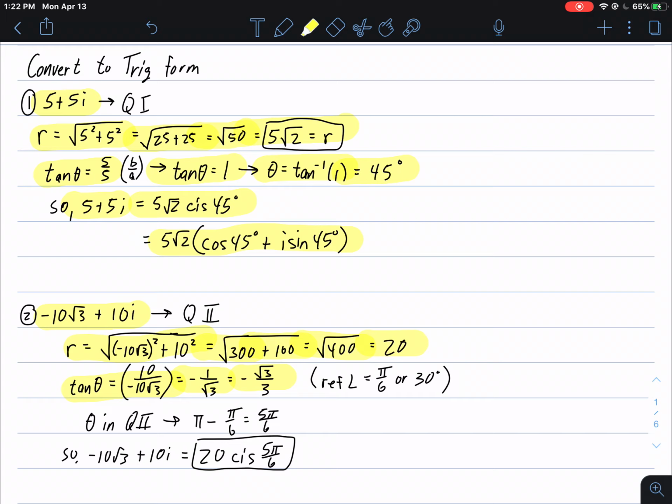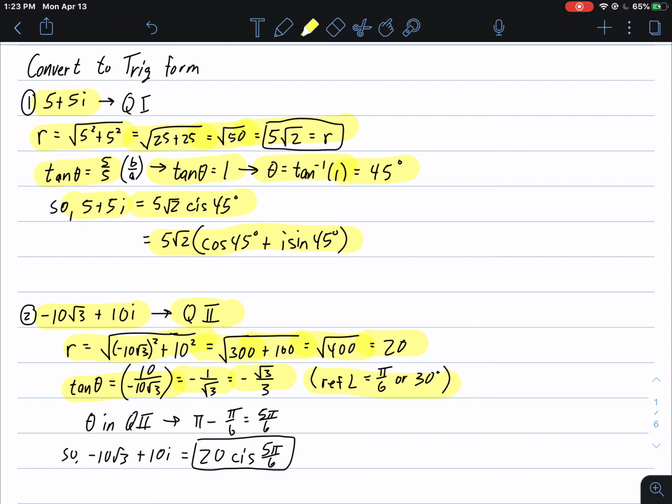Now the fact that this is a negative tangent value, that should make sense because we said up here that this was a point that is in quadrant 2. So I'm going to use a quadrant 2 angle, and tangent is negative in quadrant 2 and quadrant 4. Right? So we want to identify the quadrant 2 angle whose tangent is negative square root of 3 over 3. If we use that reference angle, pi over 6 or 30 degrees, I'm going to go pi over 6 in this case.